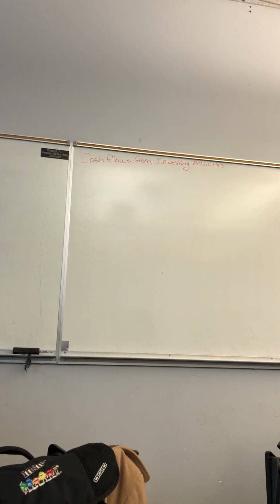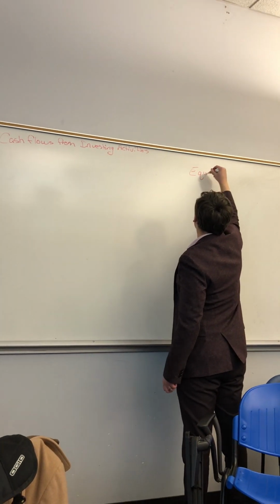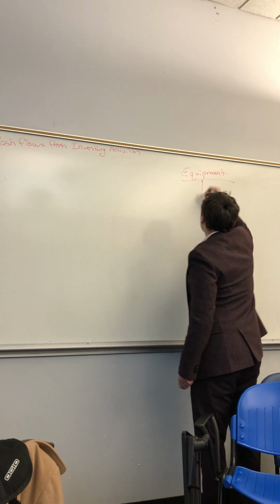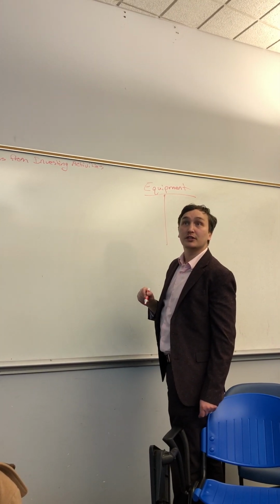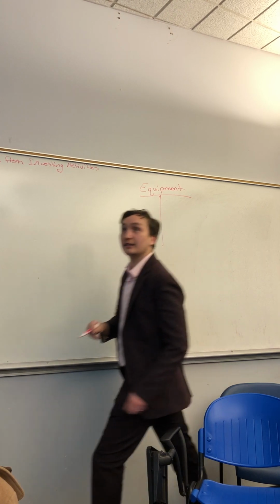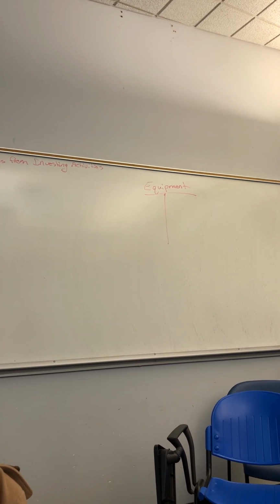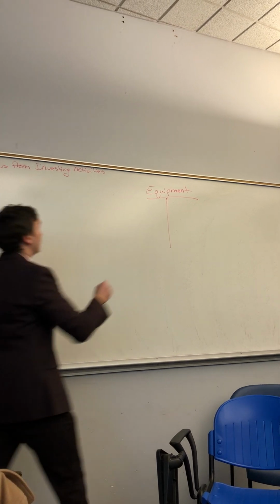So I'll do a T account over here. We had a starting balance for equipment. What was it? 230,000. Yes, 230,000 to start, right?